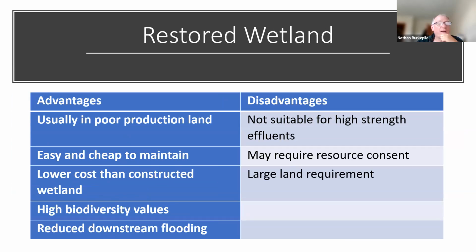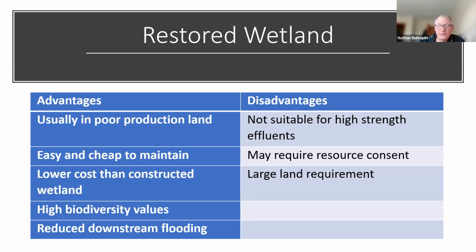Restored wetlands: usually we restore wetlands where they've been drained. They're usually poor production areas, unless you're in some of the peat areas, and there are not too many of those in Northland. After they're restored, they're easy and cheap to maintain, with a little bit of weed control.